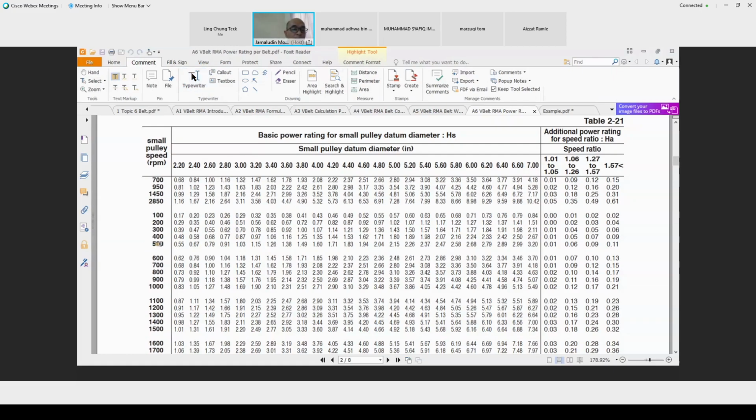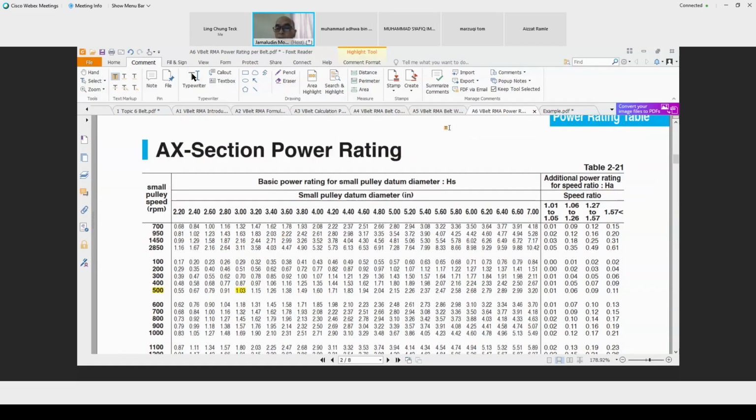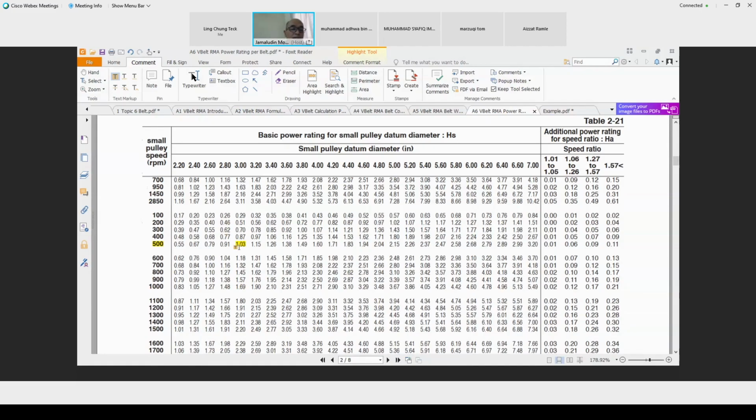Our smaller pulley is going to be 3 inches. That is the power per belt in horsepower. It will be horsepower because everything is horsepower, right? That means every single belt is going to be 1.03 horsepower.